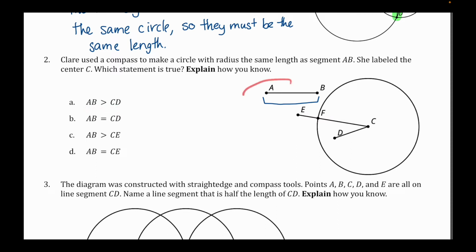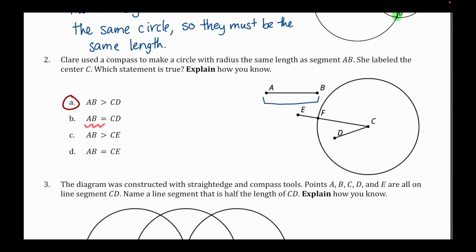Now AB is the radius, and we can see that AB should also be the same as FC. CD doesn't actually reach to the outside of the circle. So even though we don't know how long each of these pieces is, we can compare them in length. So actually, yes, this first answer is true. We're going to look at all the other ones and then we'll provide an explanation.